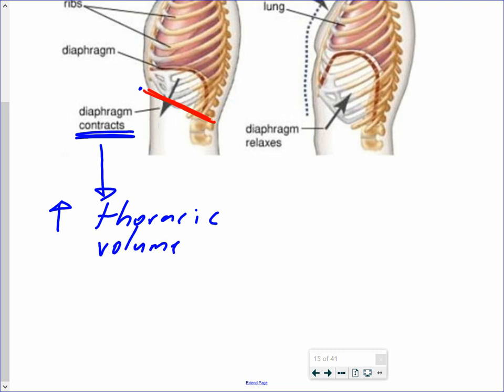When we have an increase in thoracic volume, if you're increasing the volume of an area and you have the same number of air molecules, that means they're now under lower pressure. They're more spread apart. So contraction of the diaphragm increases the thoracic volume, and that then leads to a decrease in thoracic pressure.